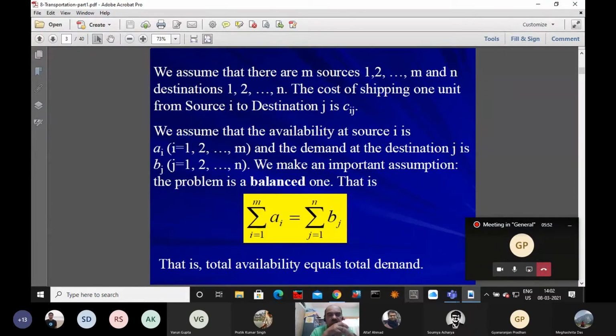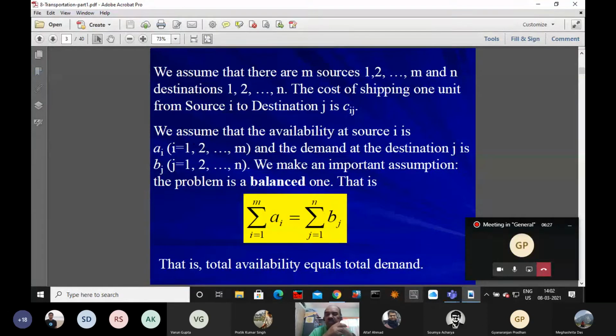We further assume there are m number of sources, the factories, like 1, 2 up to m, and n number of destinations, the markets, 1, 2, 3 up to n. The cost of shipping 1 unit from some source i to destination j is Cij.